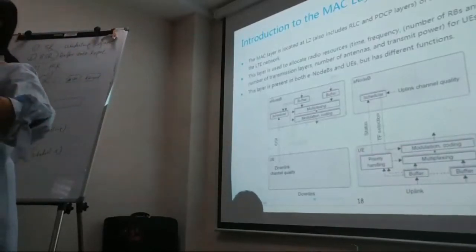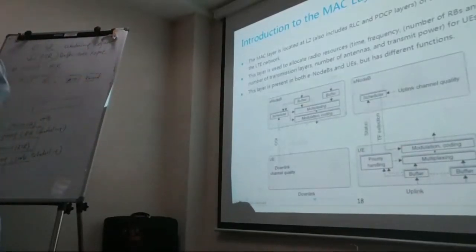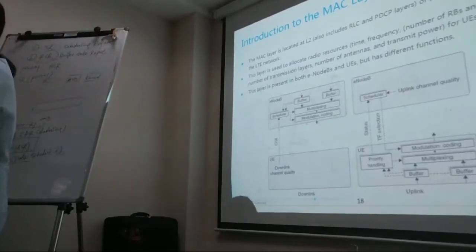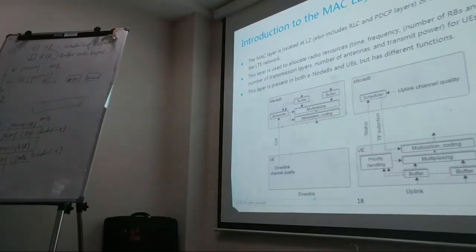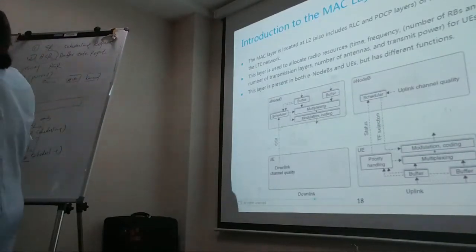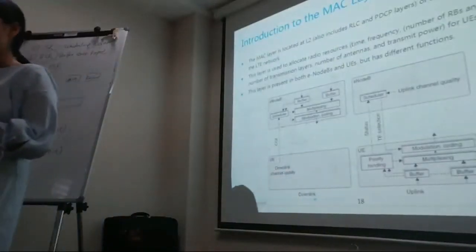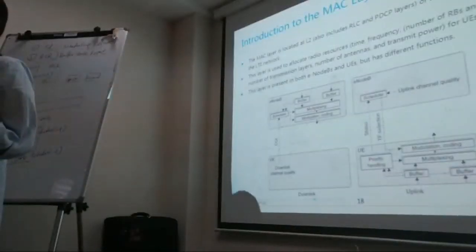Even if you have a higher priority, each time the maximum you can transmit is the PBR. After you reach the PBR value, I will transmit the lower priority. So if the PBR is set wrong, in the priority handling, if you set wrong parameters, maybe for some special services the UE cannot do them.